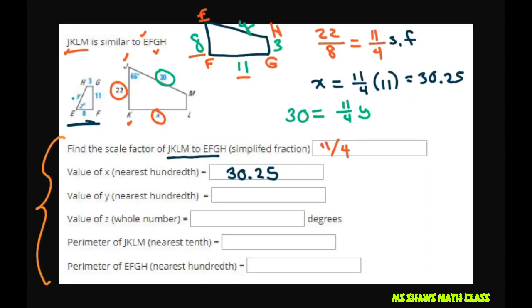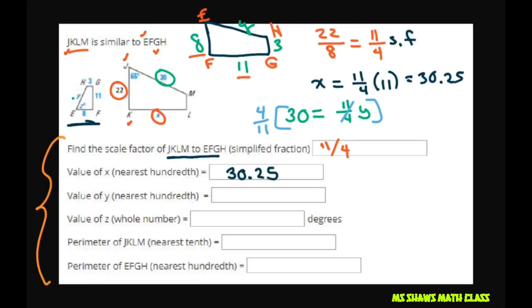So what I'm going to do is multiply both sides of the equation by 4/11 to solve for y, because that will cancel that out. So you get 120 divided by 11, and that gives you 10.9.